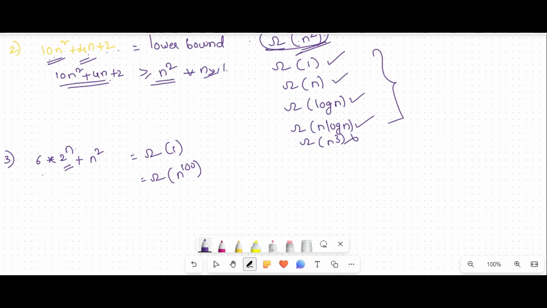Omega of n power 10 you can take, omega of n also you can take. All of these are correct here.